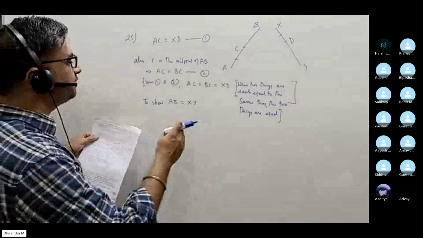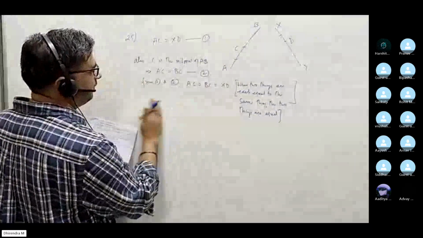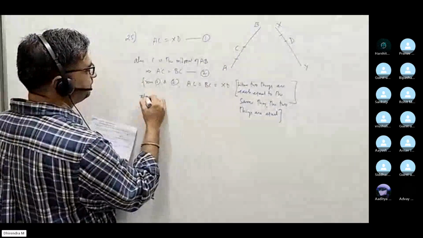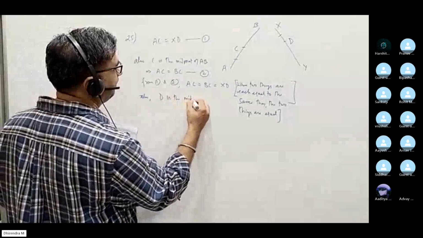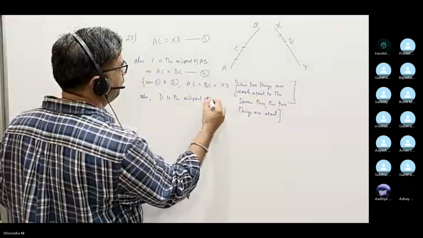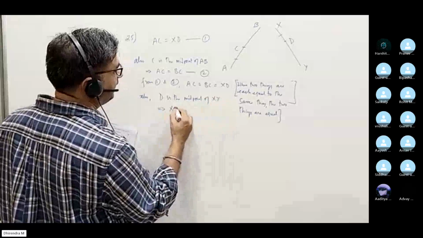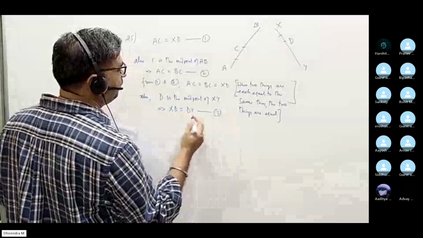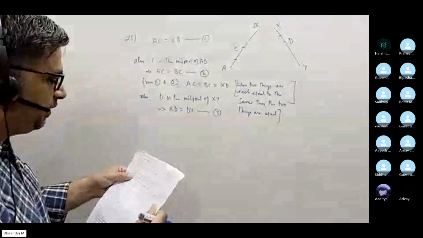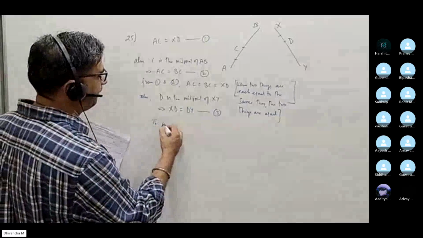It's also given that D is the midpoint of XY. That gets us XD is equal to DY. Let's take this as equation 3. What are we required to prove at the end of the day? To prove AB equal to XY.